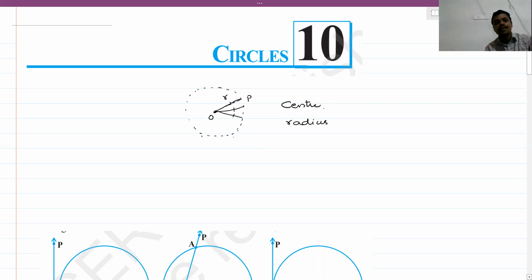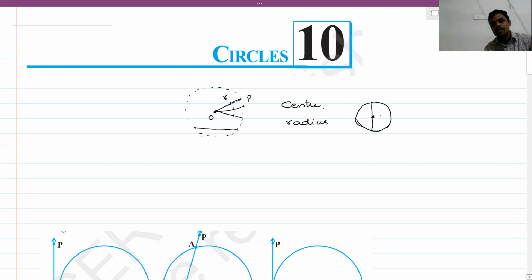And what is a chord? A line segment which has two endpoints on the circumference of the circle is called a chord of the circle. Suppose I'm taking a circle over here, and this is the center.